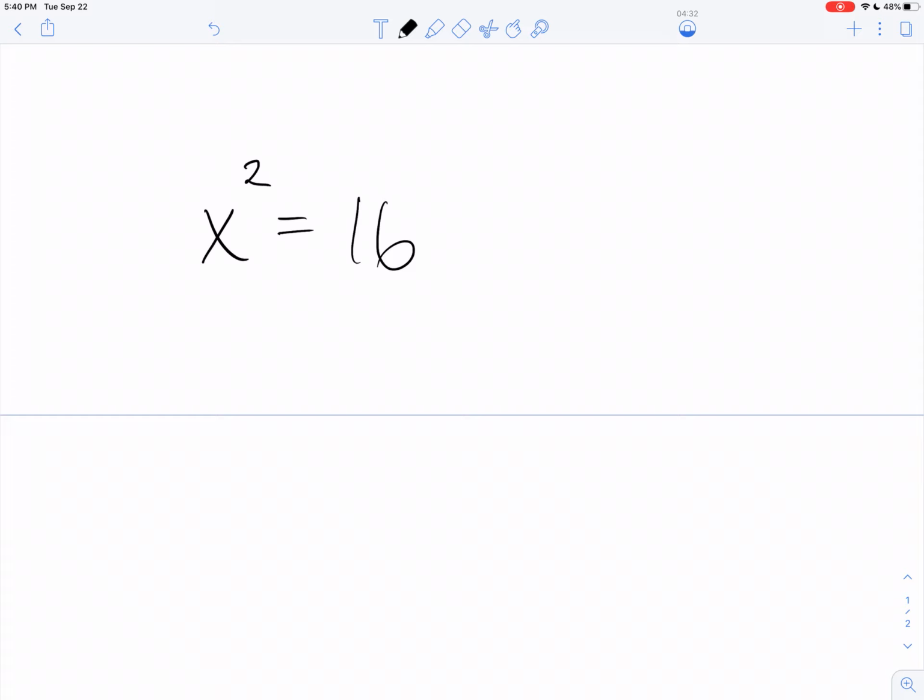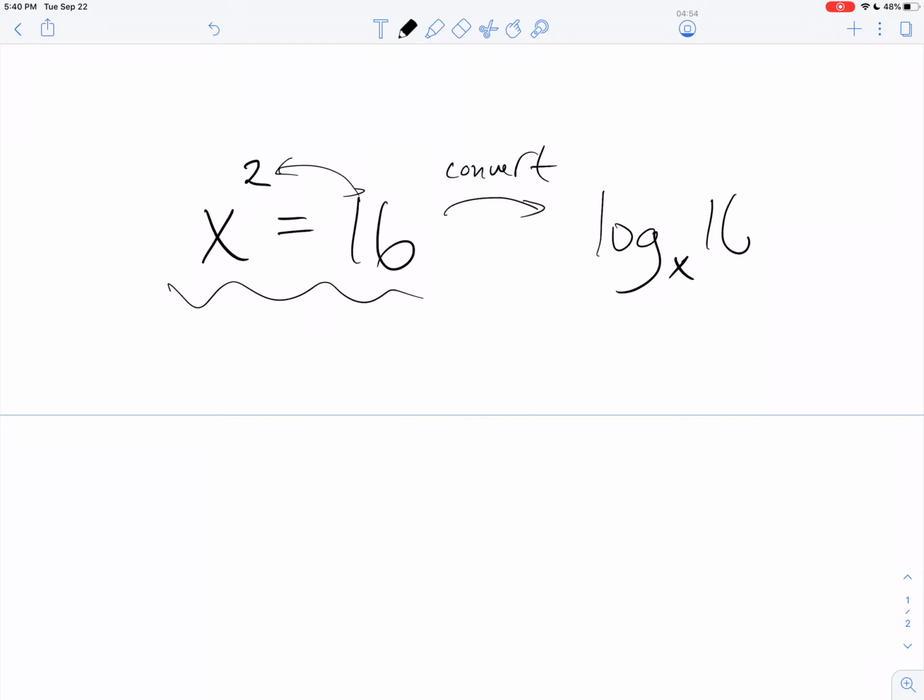What they're asking you to do is, can you convert this into a logarithmic statement? And the answer is sure. I would say log base. What's the base over here? What is the base here? It's x. Then what do I do with the other two values? I always interchange them. So I'd say log base x of 16 equals 2. This would be the logarithmic version of that same statement.